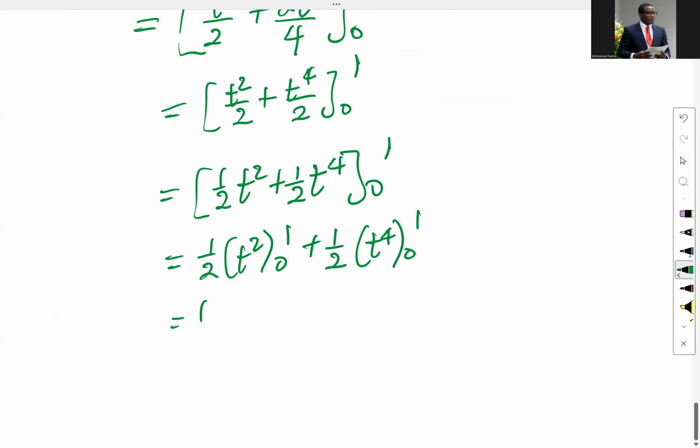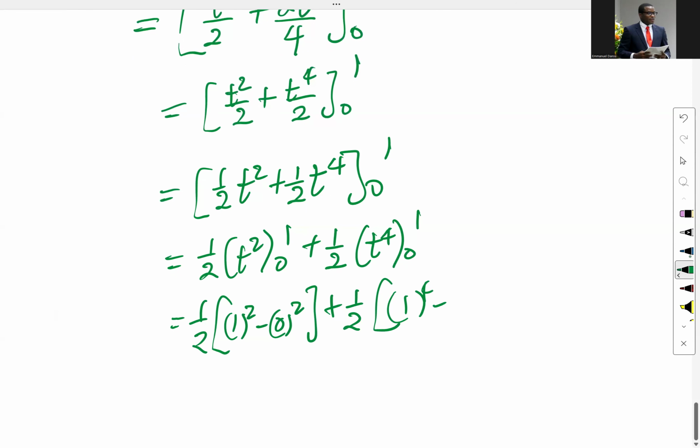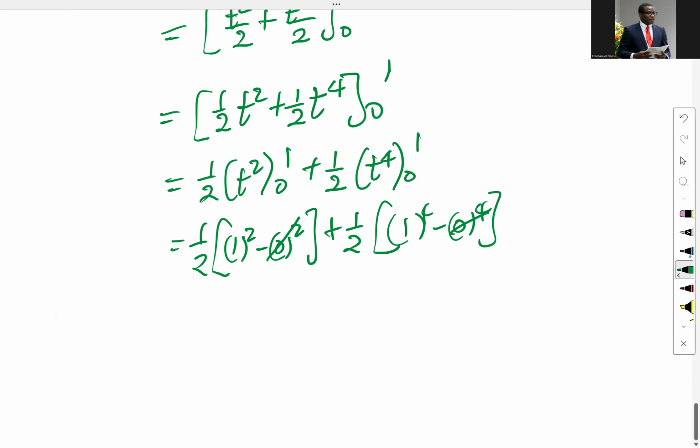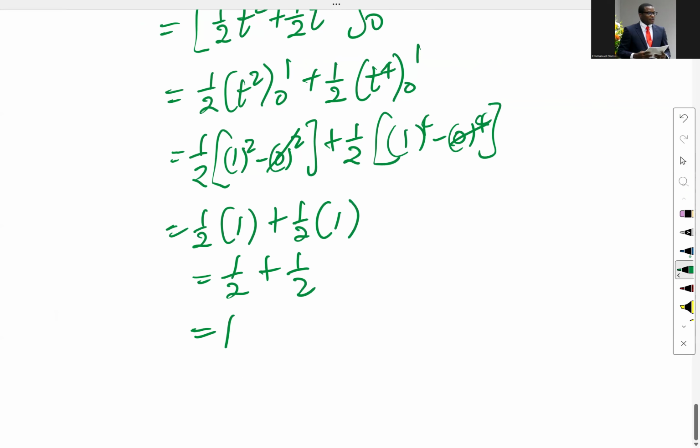That is half into 1 squared minus 0 squared, plus half into 1 raised to power 4 minus 0 raised to power 4. Of course, all these are zeros. So we have half into 1 squared is 1, plus half into 1 raised to power 4 is also 1. So we have half plus half, and all of that is 1.